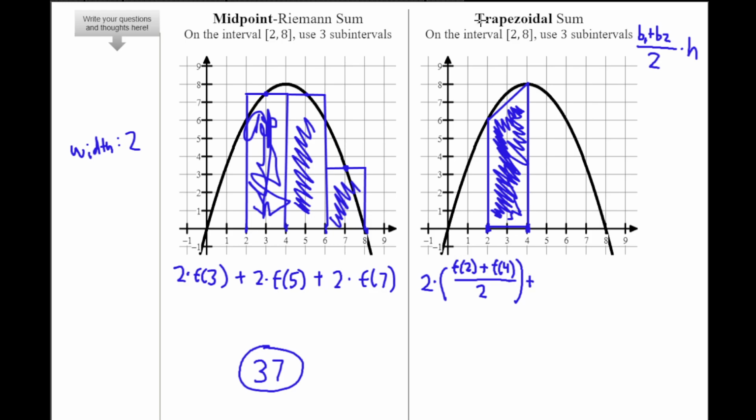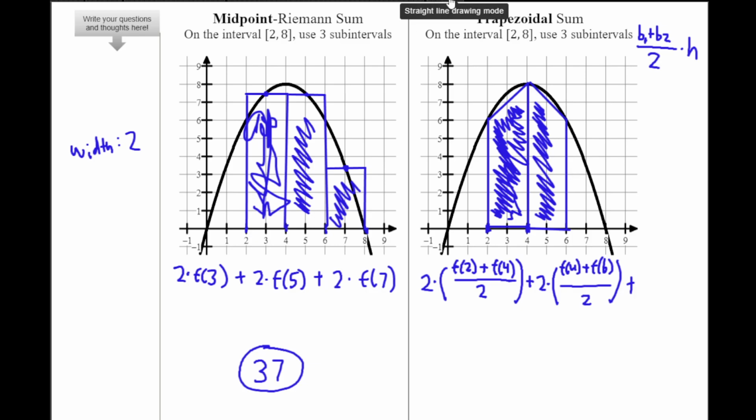Now let's do our second trapezoid. The left endpoints here are already given to us. The right endpoints here, you connect them, and this gives you your trapezoid here. This trapezoid is, again, the height's 2, multiplied by f of 4 plus f of 6 over 2.